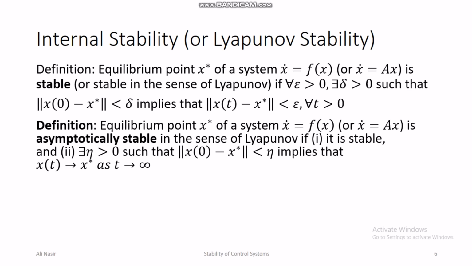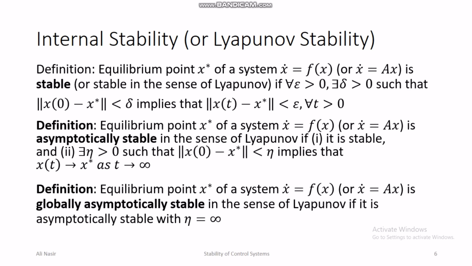That is why the name asymptotic stability comes. So asymptotic stability is stability plus an additional property: if the initial condition starts within a certain eta distance from the equilibrium point, not only does it stay close enough, it does more than staying close enough. It basically converges to the equilibrium point.